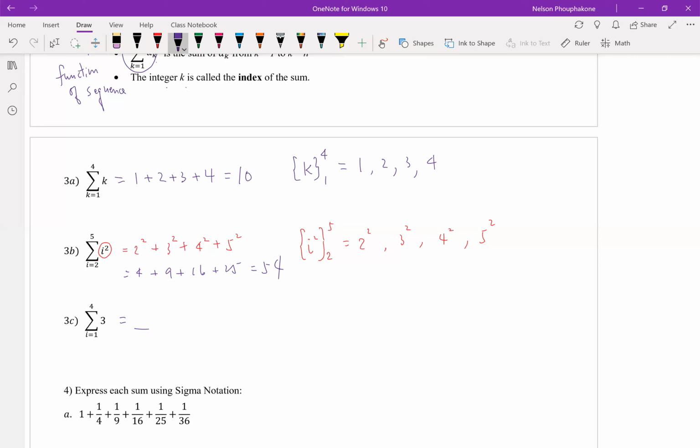So I will have a number plus, right? 4 terms. And because the function is 3, each term must be 3. It's kind of special, huh? So therefore, in this case, this number right here will be 12 now.